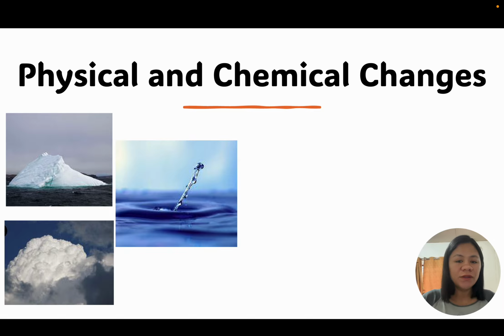But take note, when you say physical change, there's a change in its physical form, not in chemical form. Gaseous water will always contain H2O. Solid water, still H2O. Liquid water, H2O. So its composition is the same.